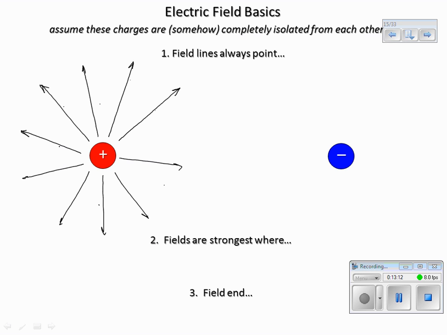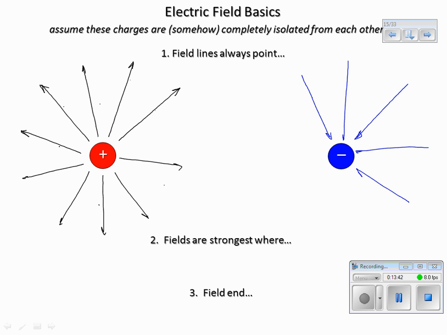Now, assuming that this negative charge is completely isolated from the positive charge, again, if we want to know the direction of the electric field near this negative blue charge, we imagine putting a positive charge anywhere near it. If we put a positive charge here, well, that charge would be pulled inward toward the negative. If we put a positive charge here, it would be pulled inward toward the negative, and so on and so on.